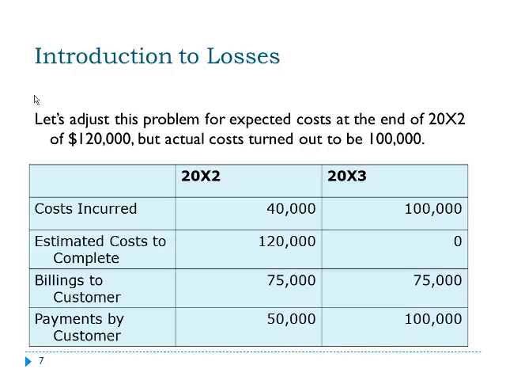Let's adjust this problem for expected costs at the end of 2002 of $120,000, but actual costs turned out to be $100,000. In this case, costs incurred are $40,000, estimated to complete $120,000, billings to customer $75,000, and payments by customer $50,000.